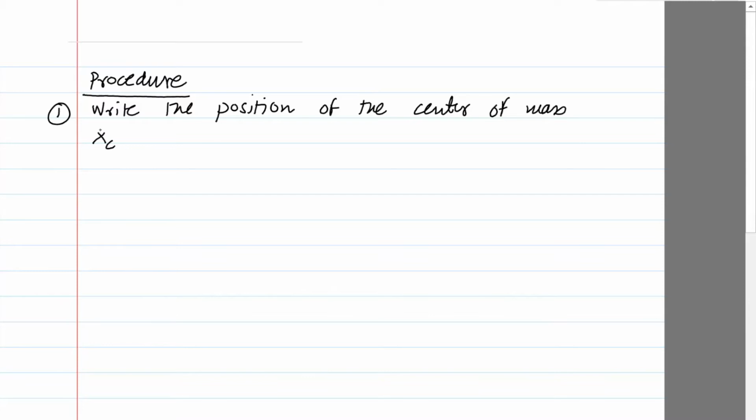So let's denote that by xc0, yc0, and note that I denoted it by 0, which means this is with respect to the reference or fixed frame. Fixed frame. Okay, that's very important. Don't write it with respect to a moving frame.